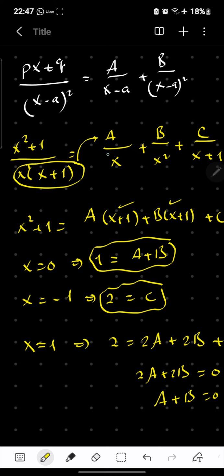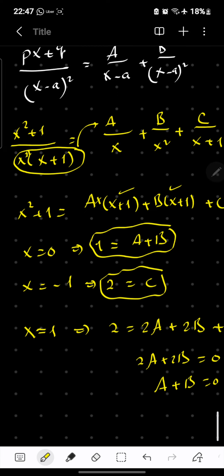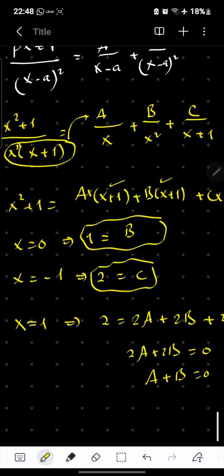Let's see. If you multiply this by this, it's x squared, and we will cancel one of the x's. I think you may notice this. Okay, so if you substitute x equals 0, a will already be cancelled and c will be cancelled, so we have b, which equals 1, and c equals 2.